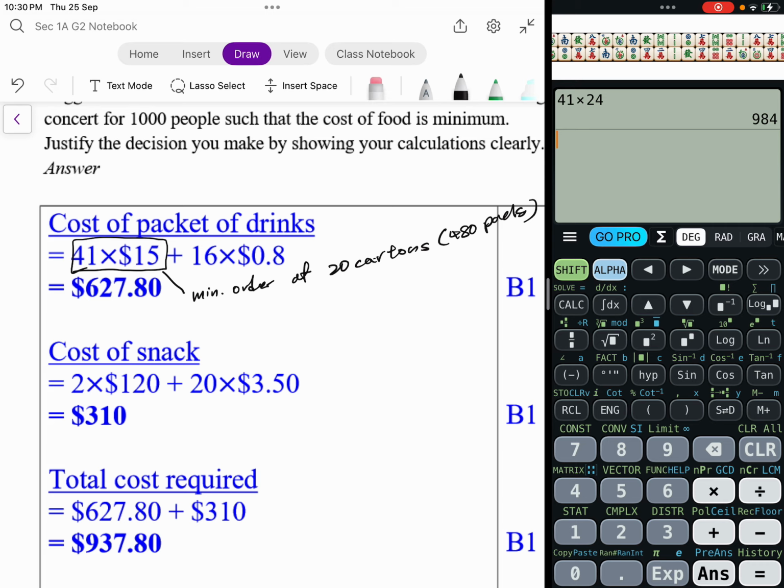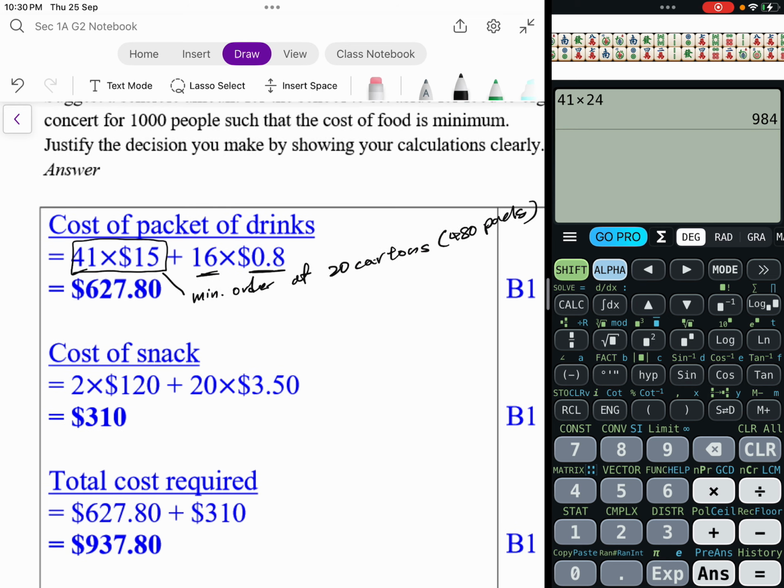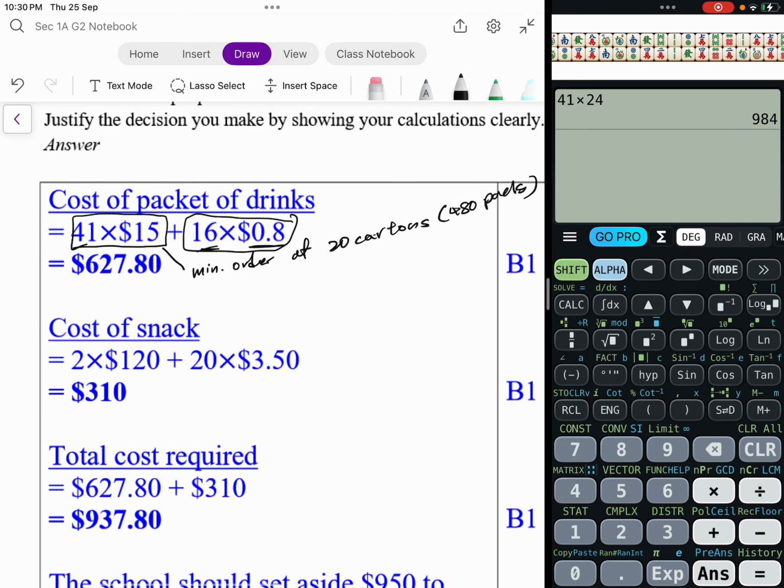So one packet is 0.8. I was thinking of ordering 42 cartons, but that one will cost more. So 16 times 0.8 would be the cheaper approach. So order this.